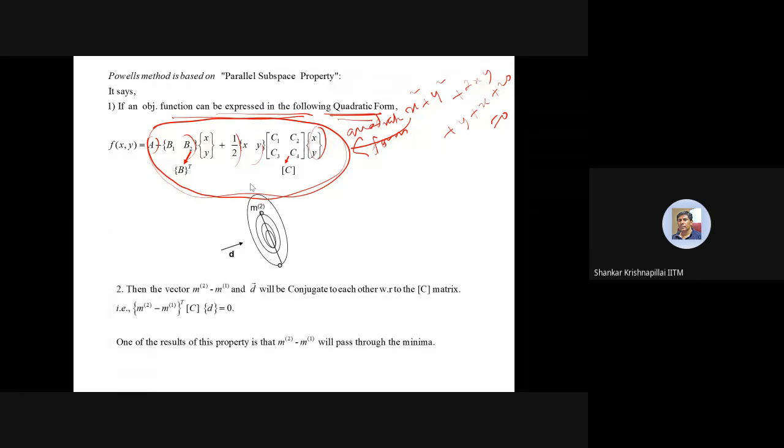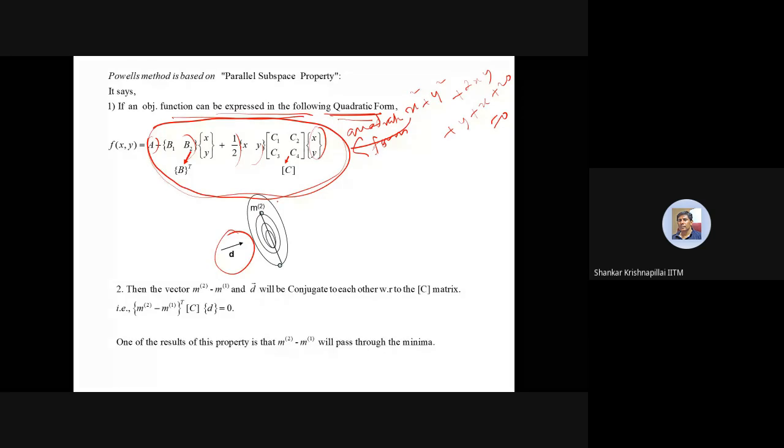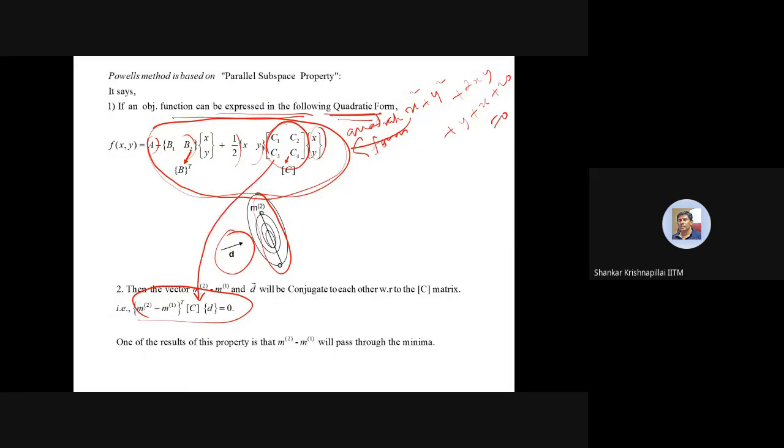Then this vector D and this vector M1, M2 are connected by this relationship. This C matrix will come here. So this vector M1, M2 into this C matrix into D will be equal to 0. This is called conjugate vectors.